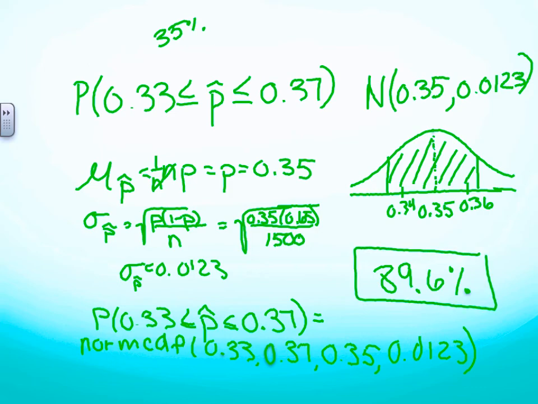In terms of how you would interpret this, we can say that about 89.6% of all simple random samples of size 1,500 will give you a result within 2 percentage points of your true population value, which is first-year college students within 50 miles of their home. That completes this video.